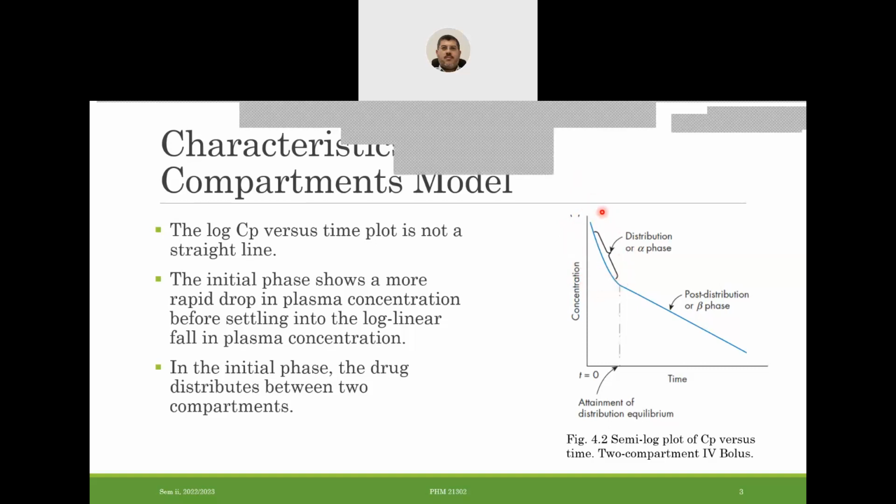The drug takes time to reach equilibrium between the free concentration in blood and the free concentration in the tissues. Once the distribution is complete and the free drug concentration becomes equal in the different tissues and the blood compartment, we reach the end of the distribution. From here, we start what we call the elimination phase, or post-distribution phase, beta phase. So the first phase we call distribution, or alpha phase. The second we call post-distribution, or beta phase.